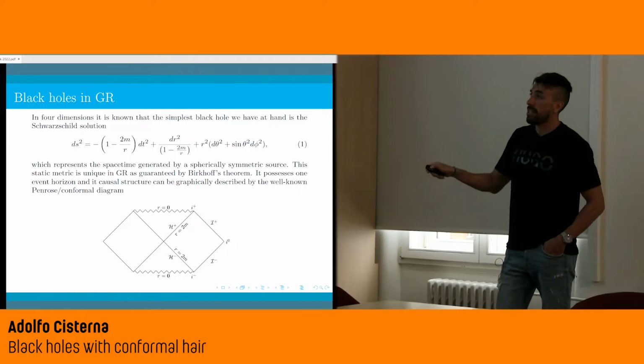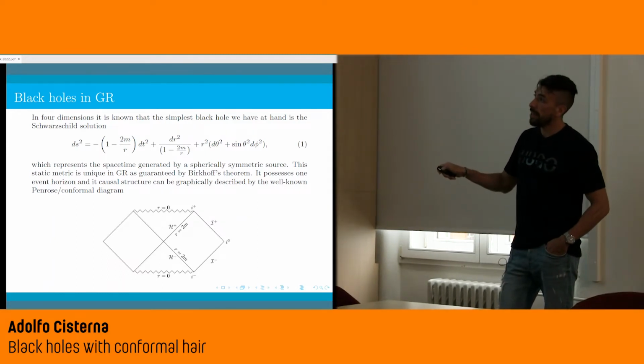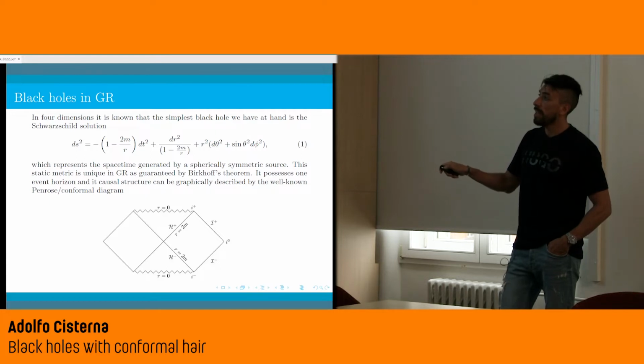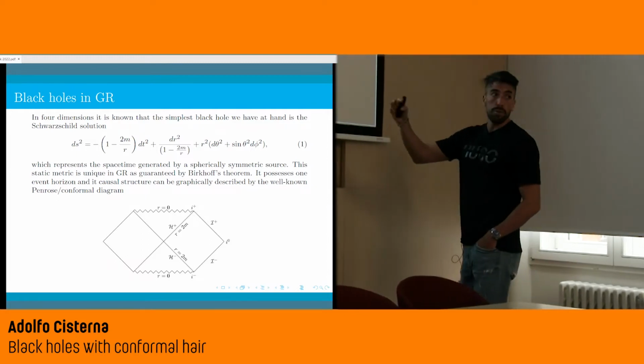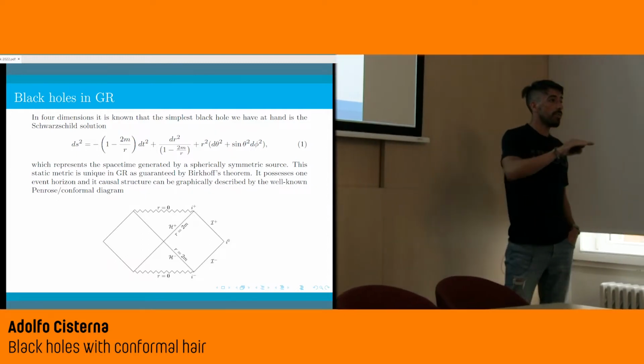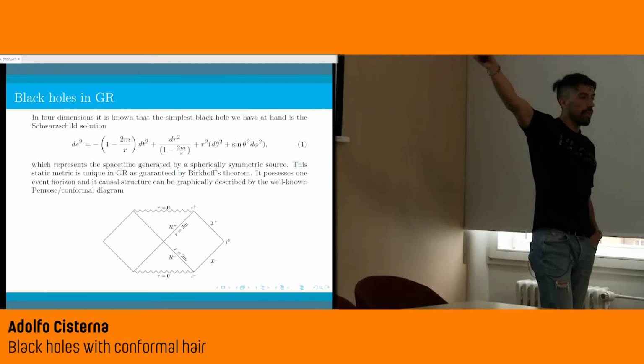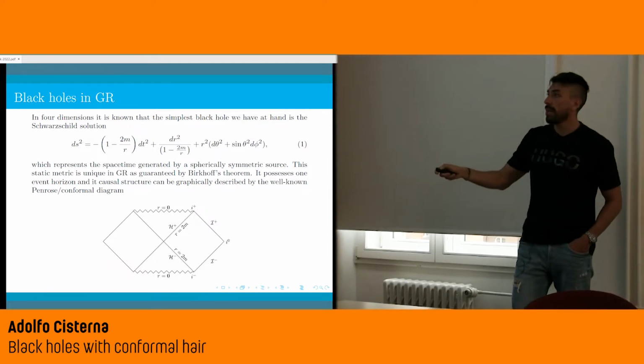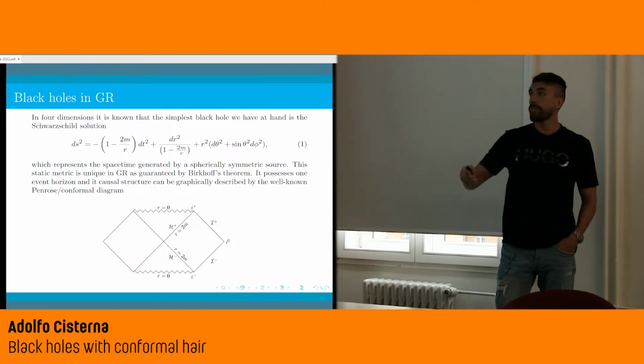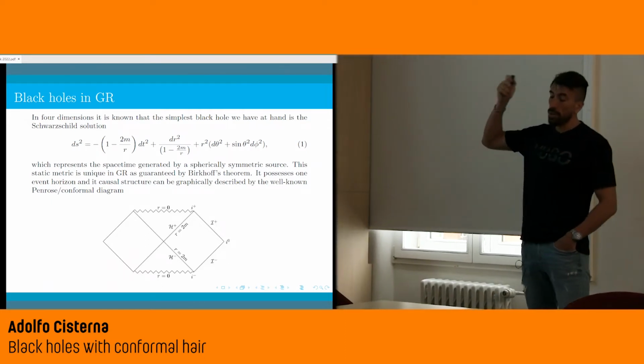This is called the Schwarzschild patch, and here you see that the event horizon is given by these two regions, which are the zeros of this term here. This is called the event horizon at r equal to 2m. Scri minus and scri plus represent past and future null infinity, so the places where light rays arrive at the future, and the place where they were coming from at the past, null infinity.